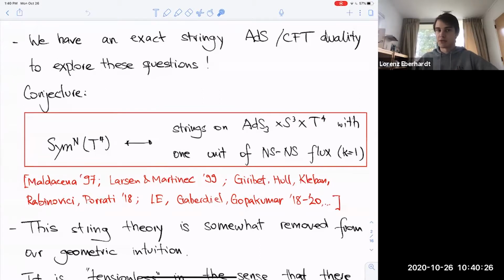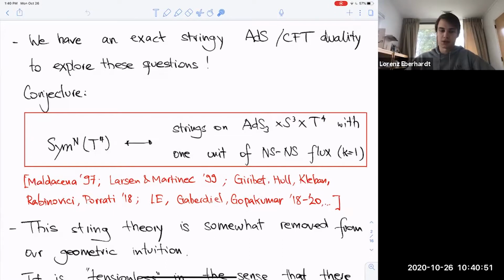That's a 2D CFT whose target space is n copies of the four-torus, and then you take the orbifold by the symmetric group that permutes these tori. That was conjectured to be dual to the string background AdS3 times S3 times T4, already in the first paper by Maldacena.